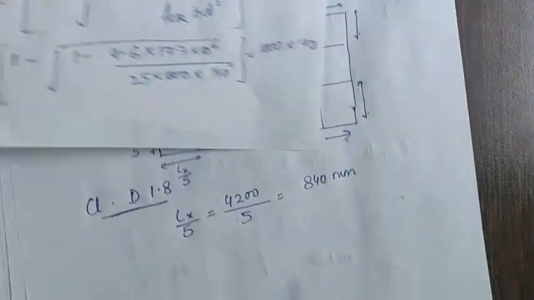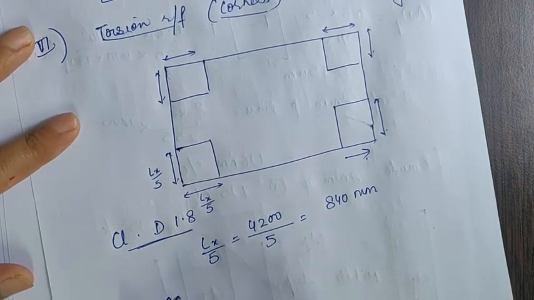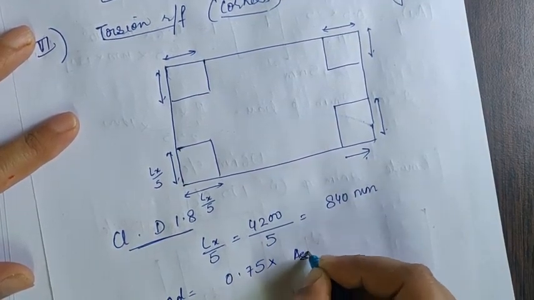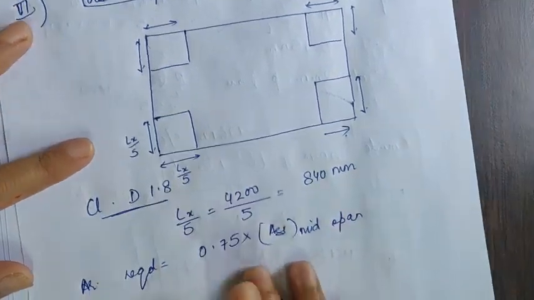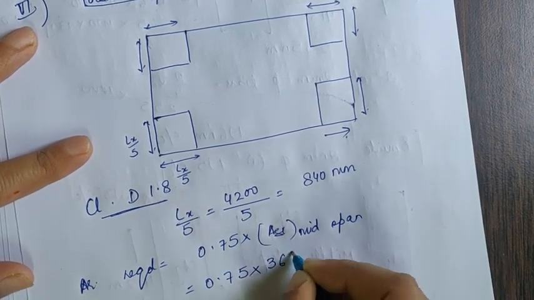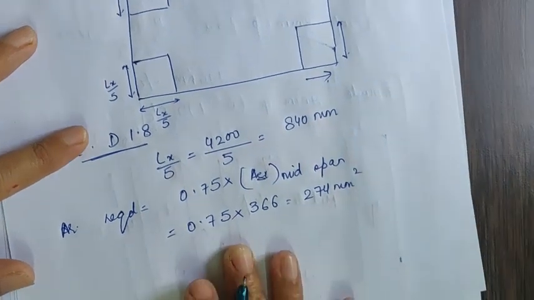Okay, therefore for corner reinforcement, area required will be 0.75 times the Ast of midspan, that is 0.75 into 366, so it is coming out to be 274 millimeters square.